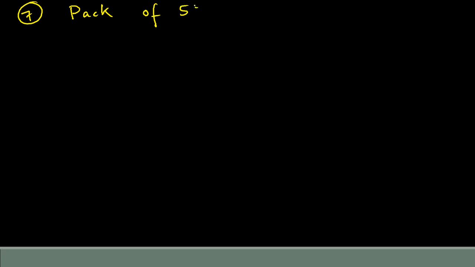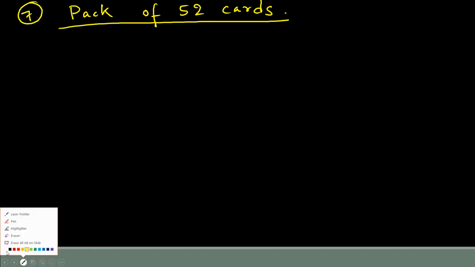So let's say you have a pack of 52 cards. I will just let you know how the cards work, because you may not know what the card game is. I will give you a brief on the types of cards you have, because questions might come from cards and they expect you to know at least what is inside this pack of 52 cards.